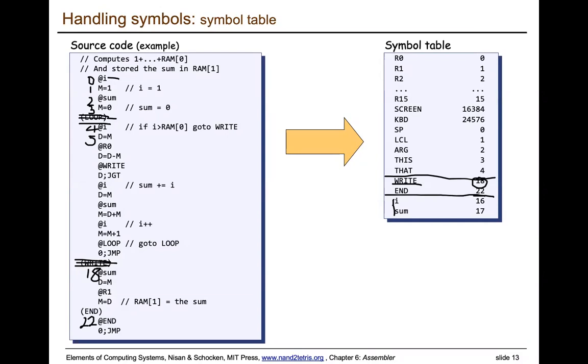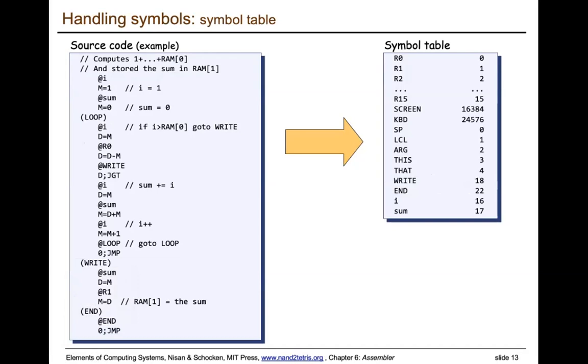The assembler will assign it: when it looks at the symbols, the first variable symbol is i and the second variable symbol is sum, so it will assign 16 to i and 17 to sum. So that is how the assembler generates the table.